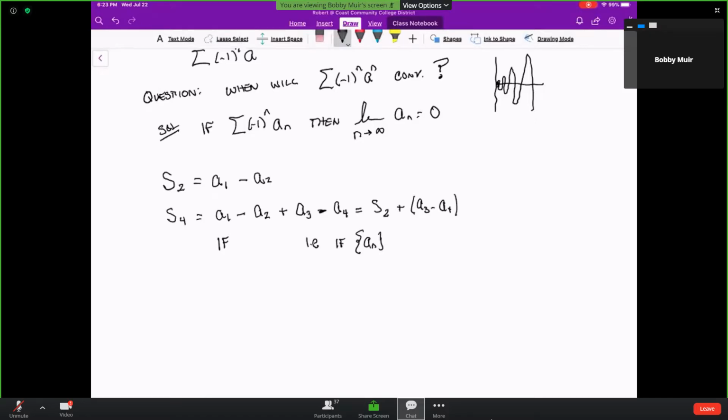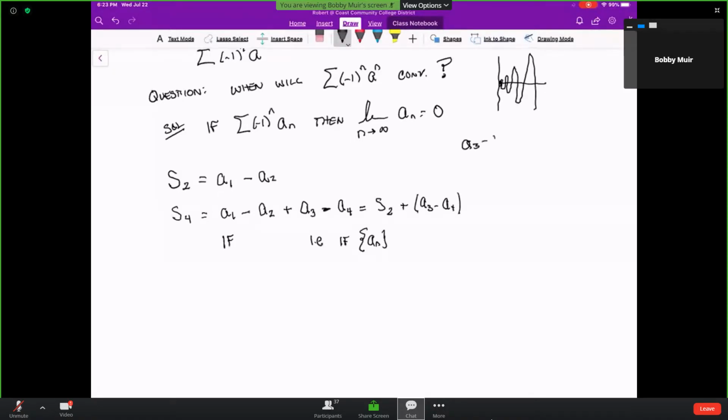If this number is negative, meaning A3 minus A4 being negative, that would mean that A4 is smaller than A3.